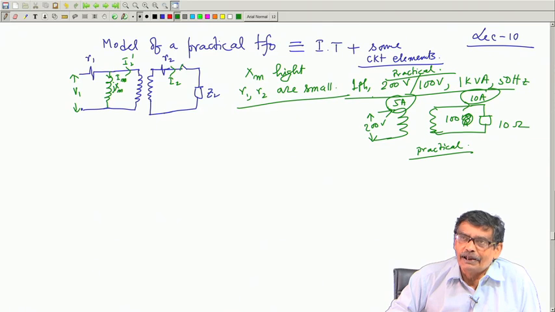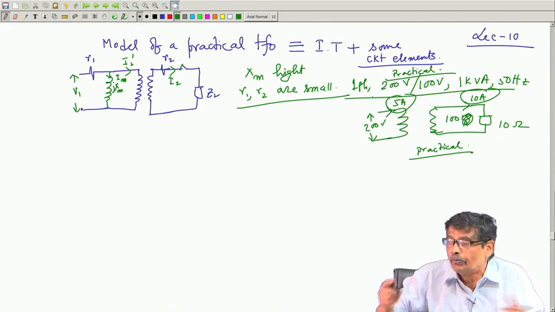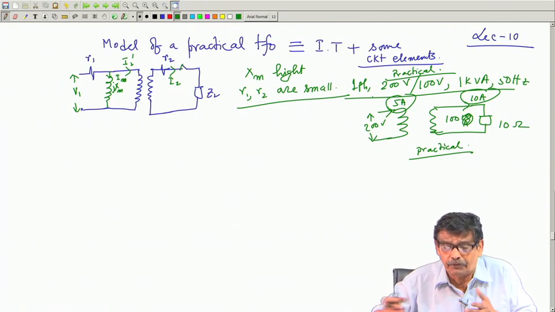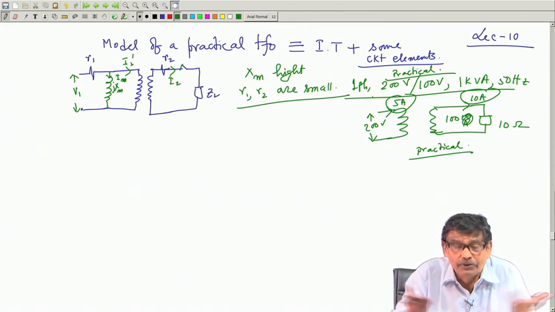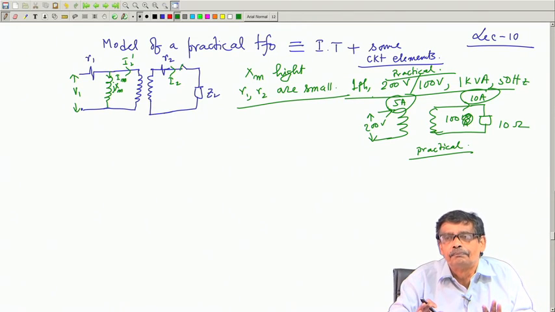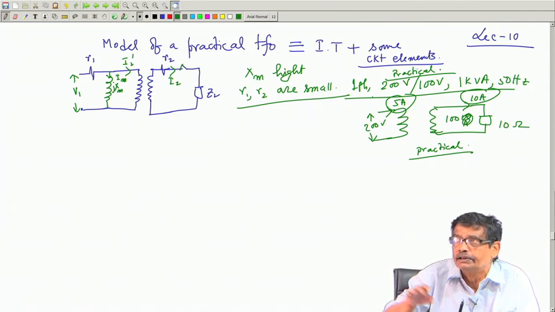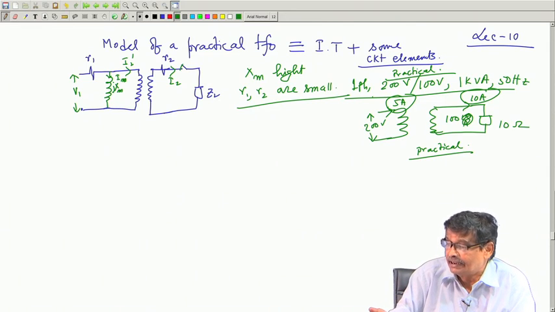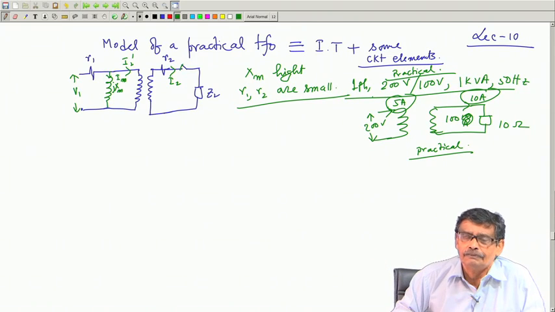So the concept of ideal transformers helps in many ways. In a very complicated circuit with many transformers, each will have R 1, R 2, X M 1, X M 2, but I know X M is high and R 1, R 2 are small, so neglect them. For getting a quick idea of the order of the current and the order of the voltage across the load: in a practical transformer, instead of 100 volt it may be 96 volt because of the drop, but who cares.